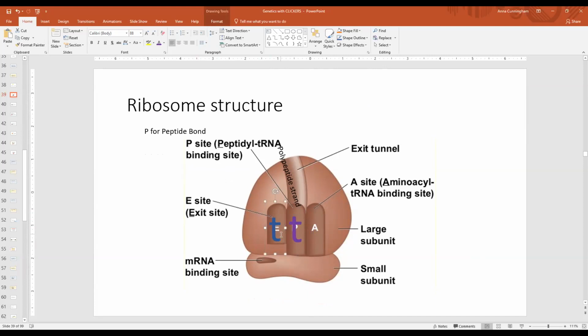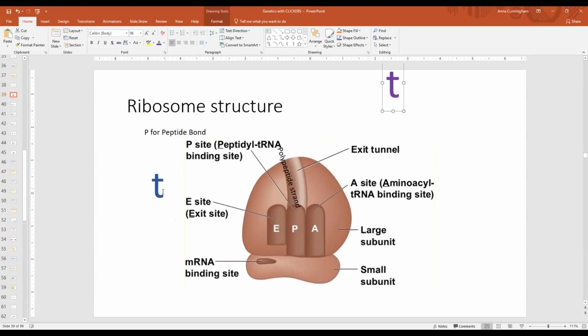And you'll notice this site is called the E site. That's referring to the exit site. So when your tRNA enters that site, it's done. It leaves. And then this T was shifted into that spot, and that leaves room for the A site to be open for the next tRNA to enter.